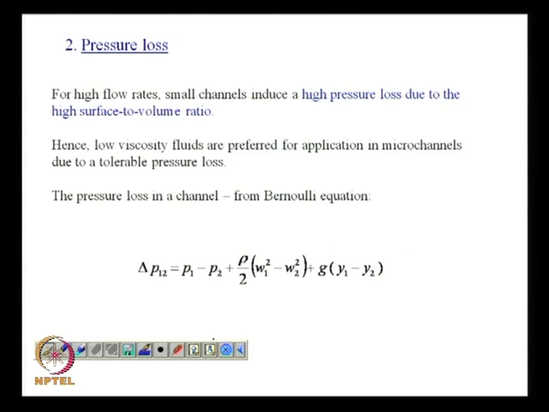Suppose I am using a micro channel for heat transfer, I will definitely prefer something with low viscosity, but at the same time I will also be looking for a liquid which has a high latent heat of vaporization. So, a balance has to be struck, and fluids with high latent heat of vaporization are also high in viscosity.